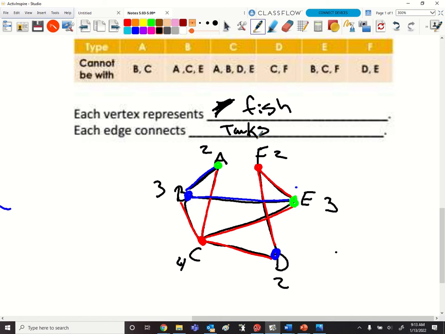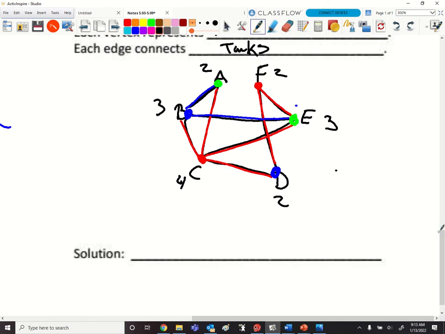The chromatic number here represents the number of fish tanks. So I need, I think it says down here, 3 fish tanks. Now, does that make sense or no? Maybe? Just one of those things, right? Okay.